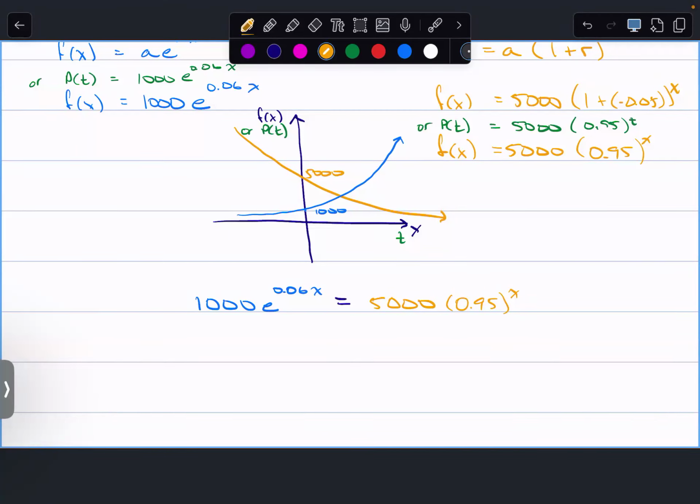A couple of different ways we can solve this. It's kind of a choose your own adventure type of thing.